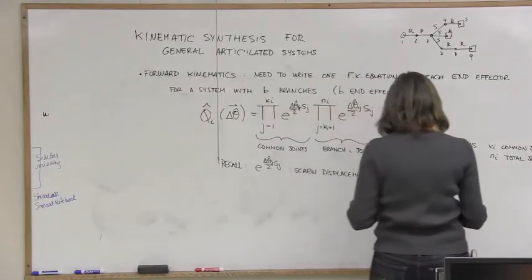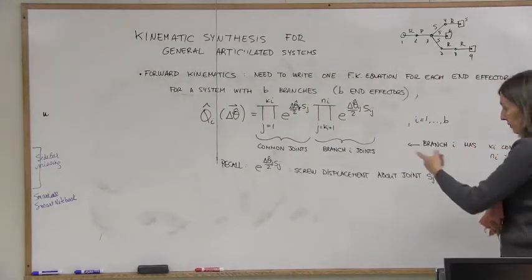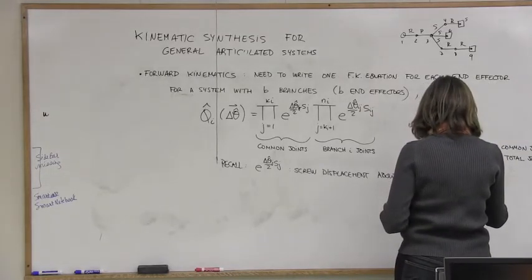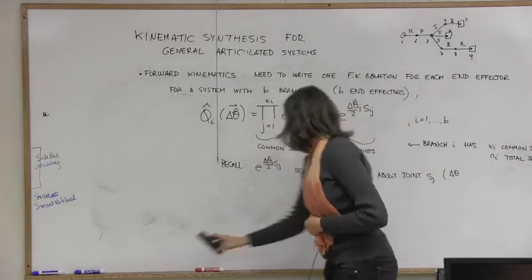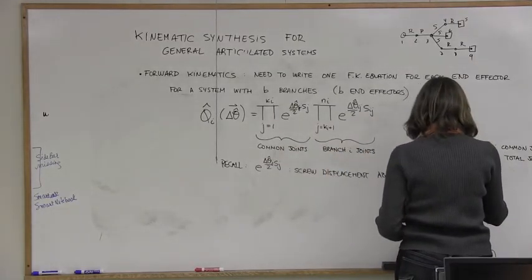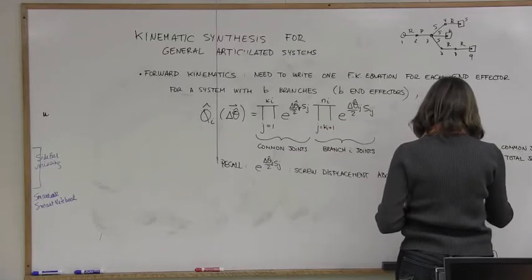Screws joint Sj, and the joint variables will be delta theta. So let me just say that theta j is the dual joint variable.